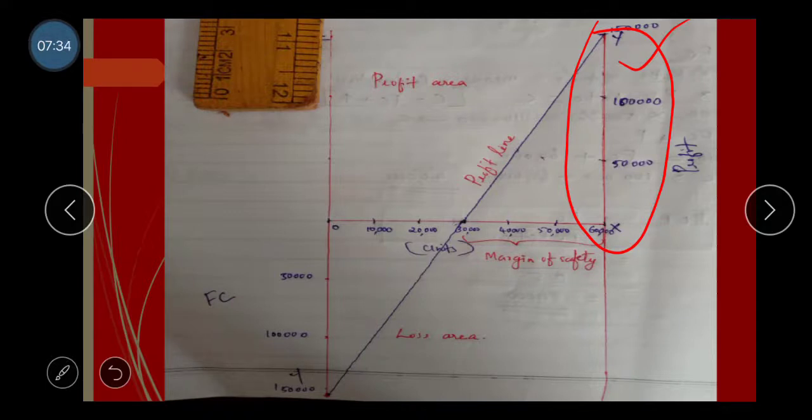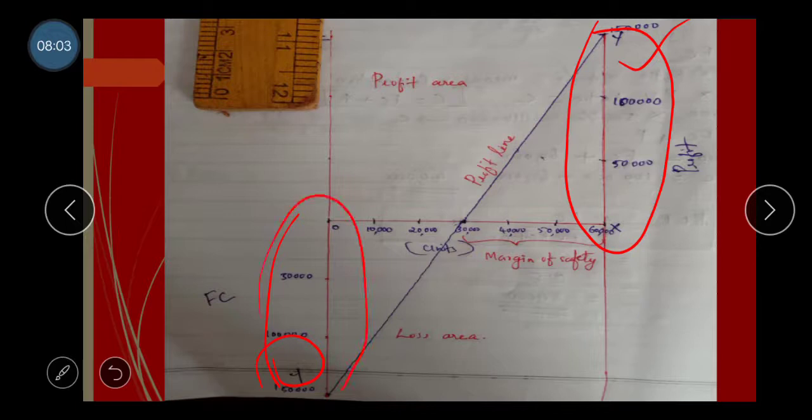Whenever you are producing nothing, even when manufacturing 0 units, you are having a loss of rupees 1,50,000 because your fixed cost is 1,50,000. That will be there even if you are not manufacturing anything. So when manufacturing 0 units, what is your loss? 1,50,000. That loss is plotted on the y-axis, below the x-axis. So here it is plotted.